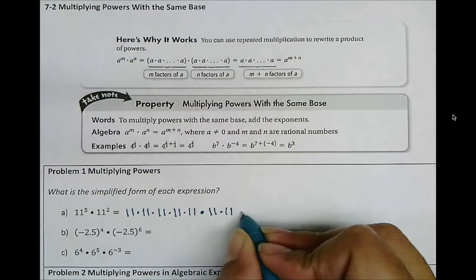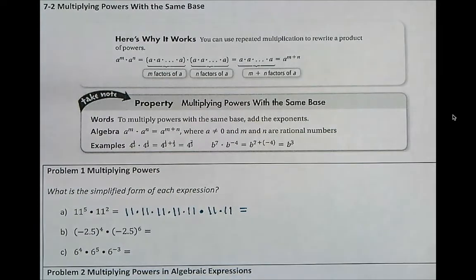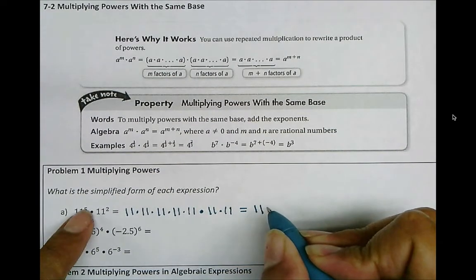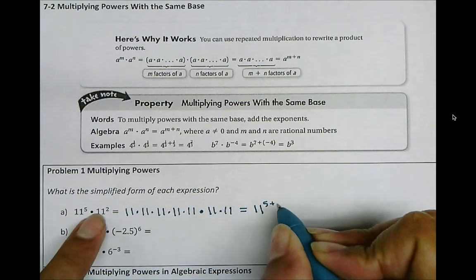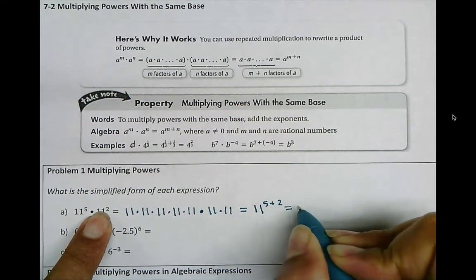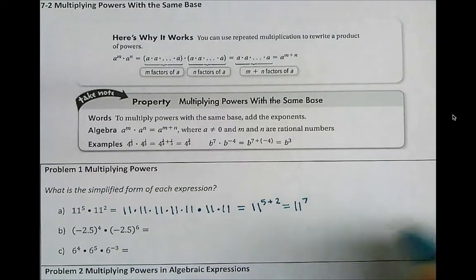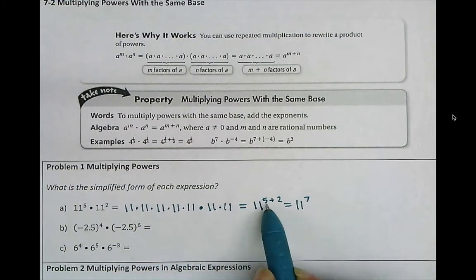If you count up how many 11s are being multiplied all together, we get a total of 7. So that comes from 5 plus 2, which gives us 11 to the power of 7. So this shows us why we can simply add the exponents to get right to our answer.